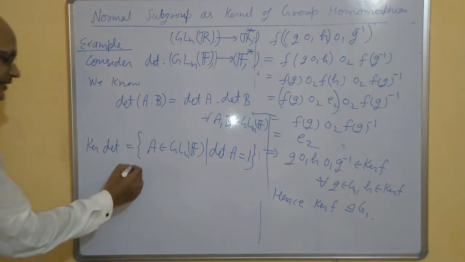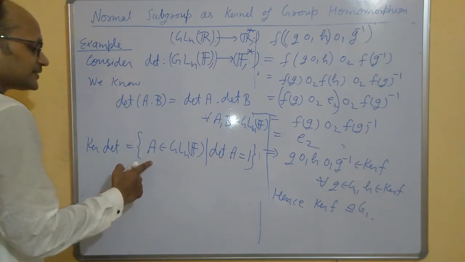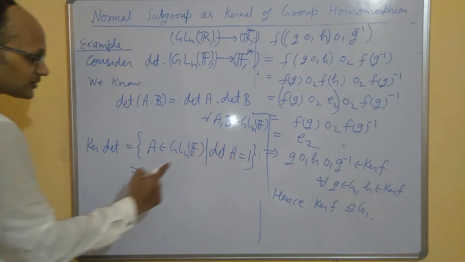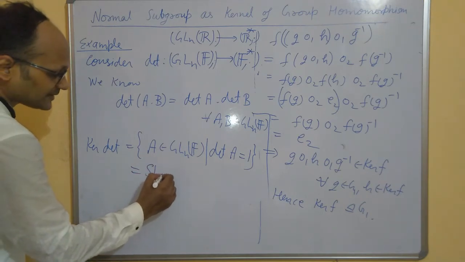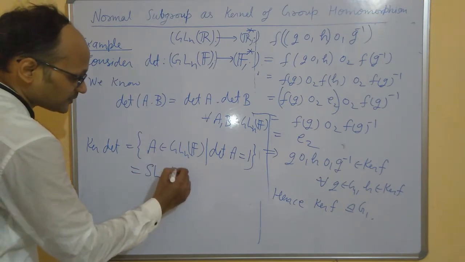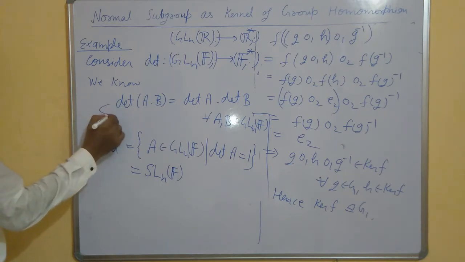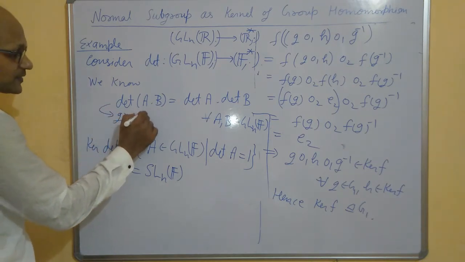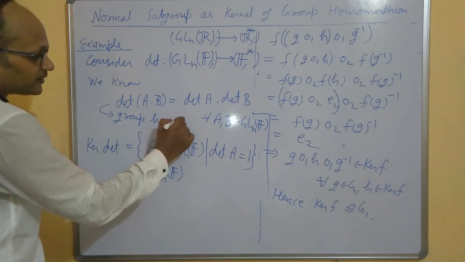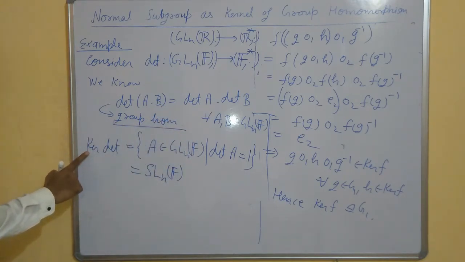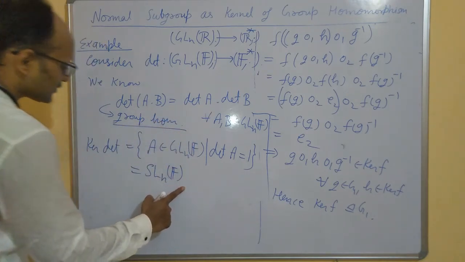This is the set of those matrices whose determinant is 1, and this is known as SL_n(F), the special linear group. So the special linear group is actually the kernel of a homomorphism. This is a group homomorphism, we have determined its kernel, and SL_n(F) is the kernel of this group homomorphism.